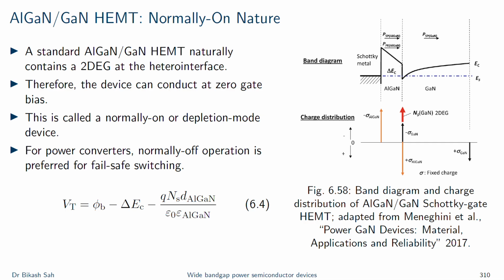The threshold voltage on this slide shows that the threshold depends on the Schottky barrier, the conduction band offset, the sheet charge density, and also the AlGaN thickness and the dielectric properties. In other words, threshold voltage is not a gate-driven issue, it is a heterostructure design issue, which is completely different from what we learned in silicon devices.